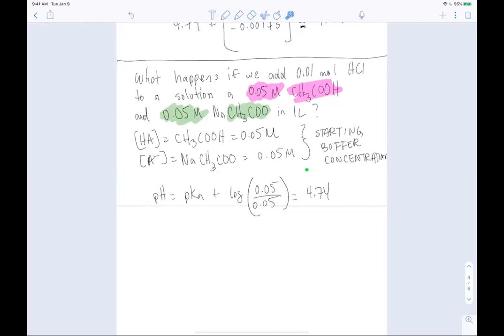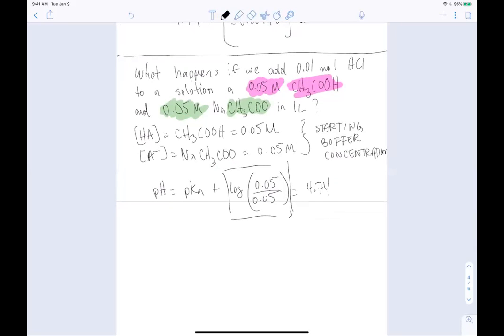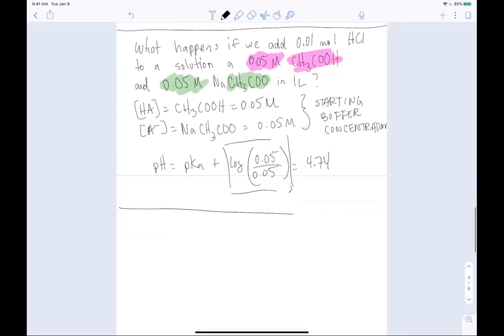And so this is a more interesting result to look at. Here we see that our pH is still 4.74 because this term becomes 0. But we can see what happens when we add in acid. We look at the neutralization reaction to start. You just take your base, that's A minus.